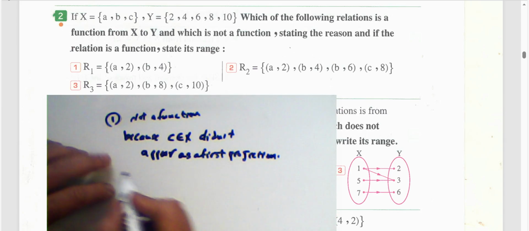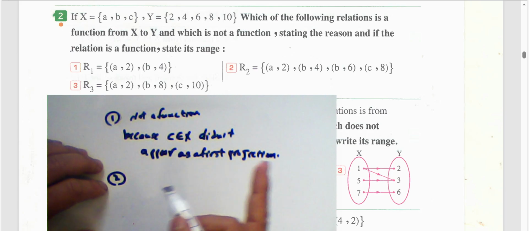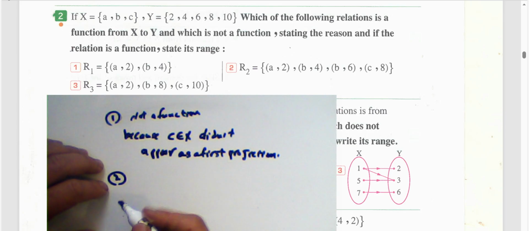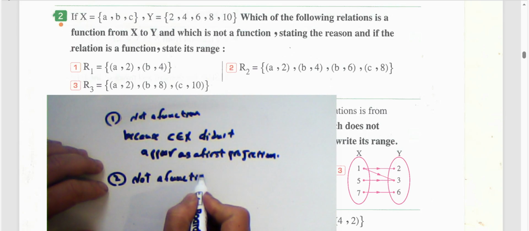This is number 1. Number 2, we have A, B, B, C. B has 2 images, so it is not a function. Why?